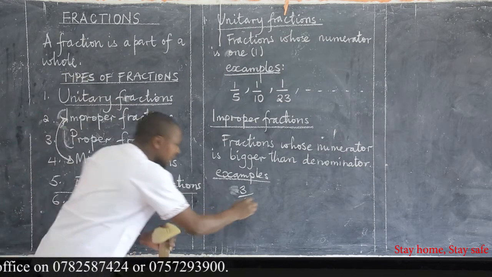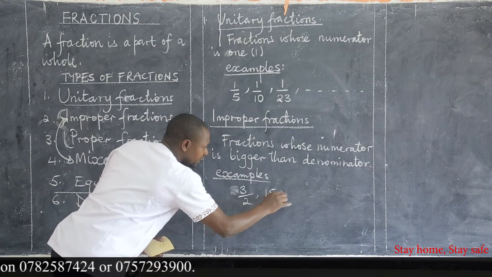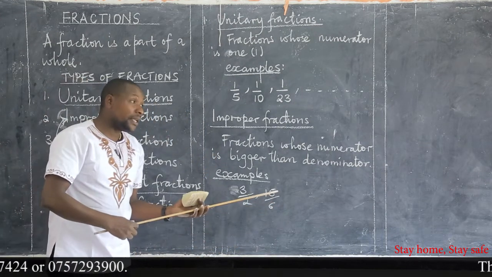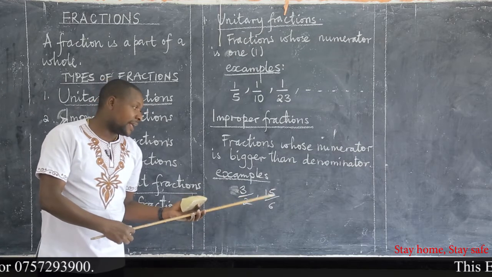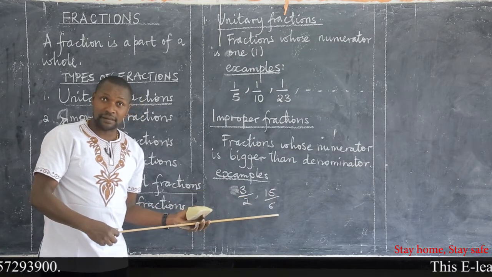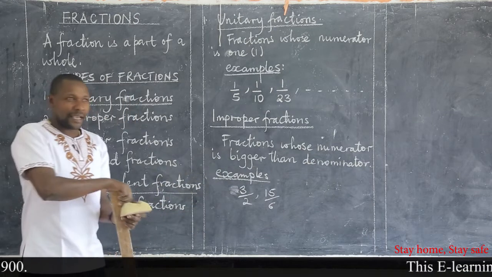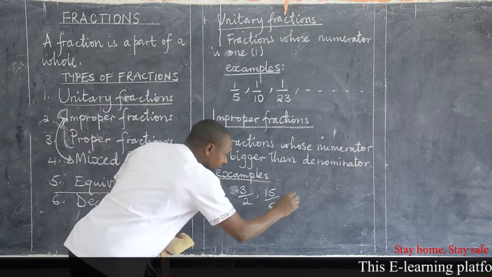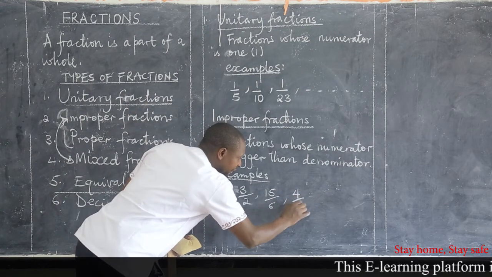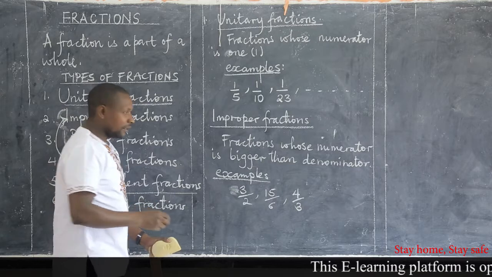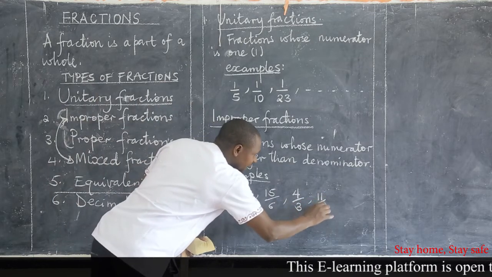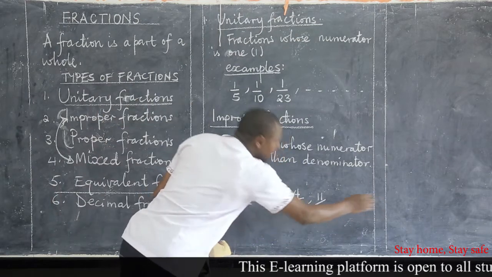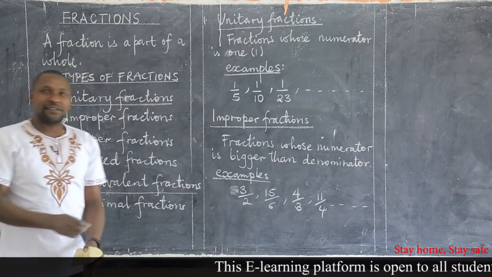I can give you a second example, 15 out of 6. You look at 15 being a numerator is bigger than 6, which is the denominator. Give me more examples over there. Somebody is thinking about giving me 4/3, correct? Somebody thinks about 11 quarters. Very fine. You can give me more examples as much as you can.